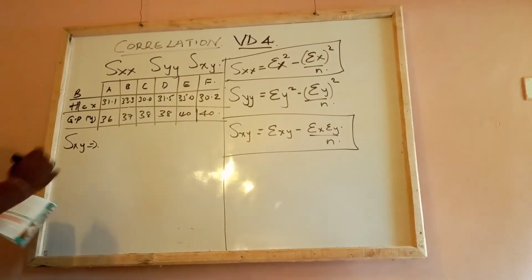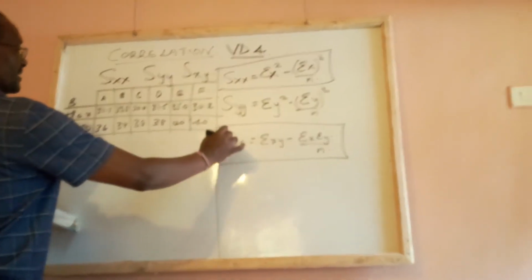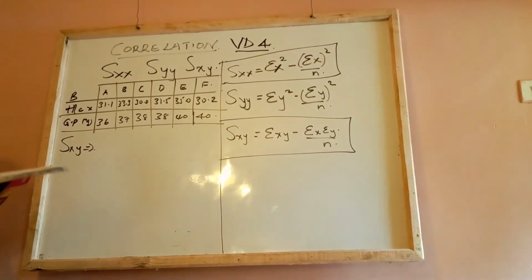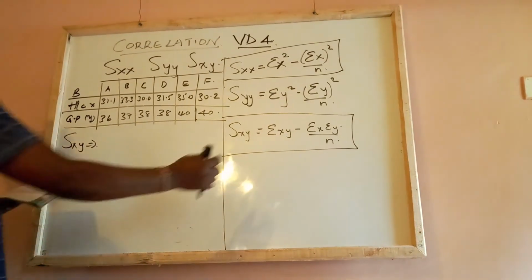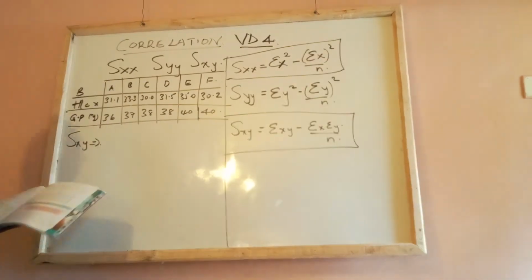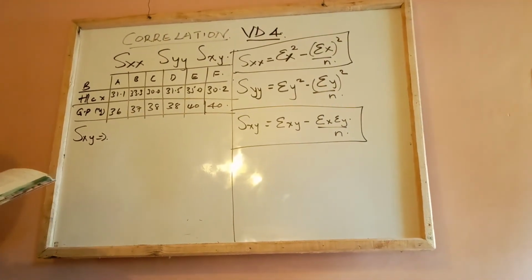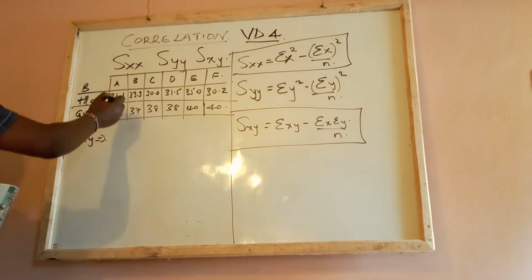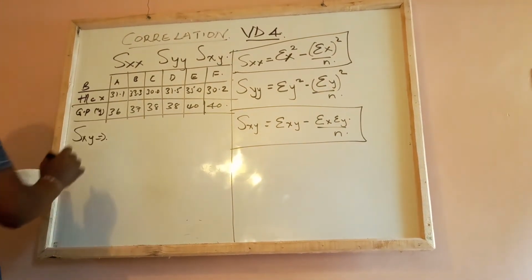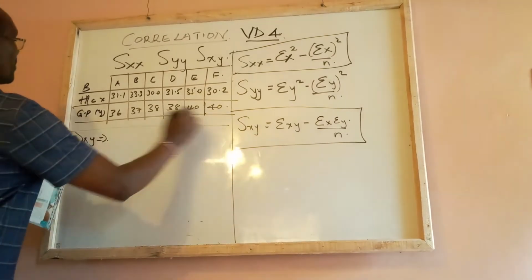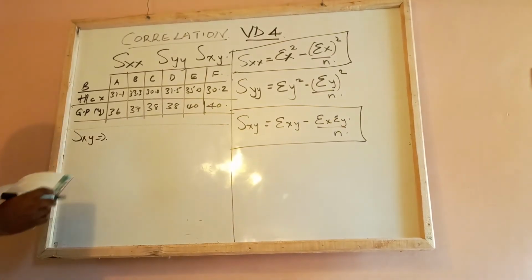The formula is, as you can see, sigma xy minus sigma x times sigma y, that part over n. And we have to have xy, the multiplication of x and y. If we can create another row here, we can have the product of each one of these.